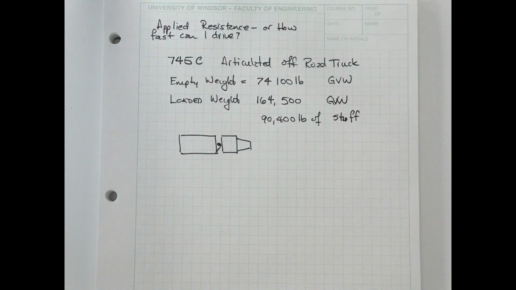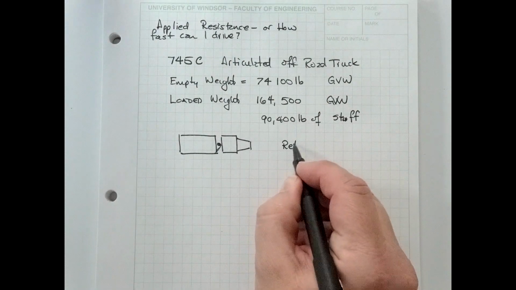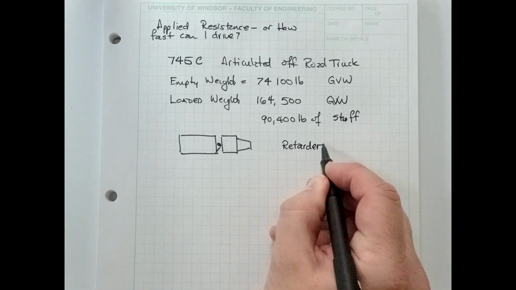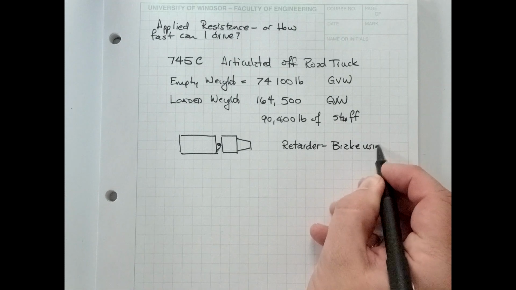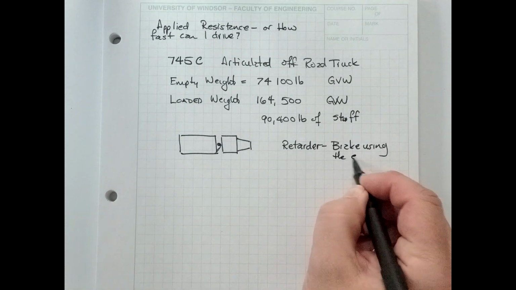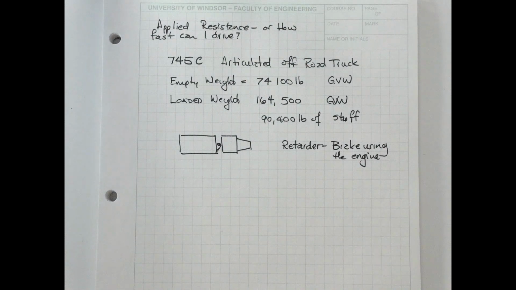We need to know a little bit more about our truck. It has a retarder, which is an automatic brake using the engine for going downhill. Now, why do you want it braked? Wouldn't you want to go downhill as fast as possible?